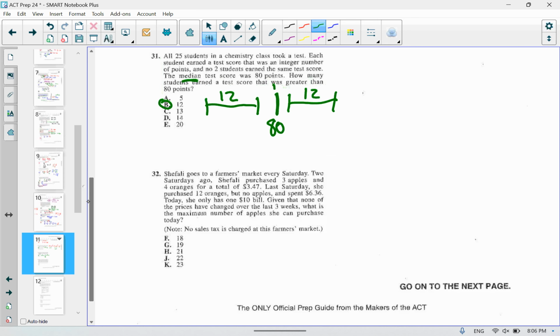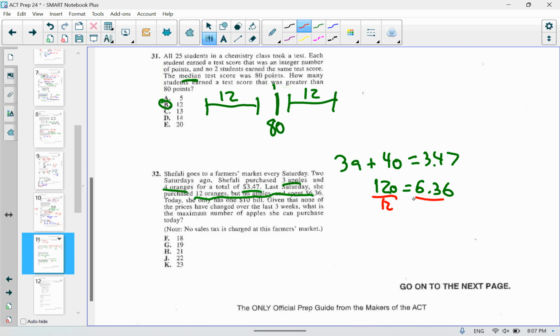Okay, 3 apples and 4 oranges is 347, so 3A plus 4O equals 347. And 12 oranges, no apples, is 636, so 12 oranges is 636.